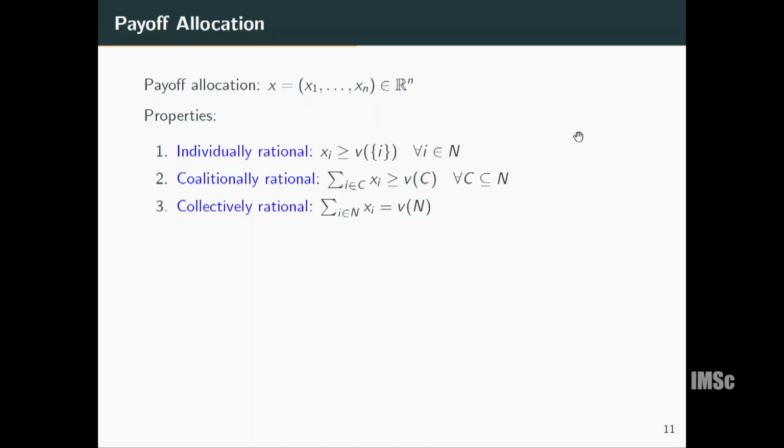Otherwise, I can give 0 even if the worth of the coalition is $300. If I give 0 to everybody, then it doesn't make much sense, right? So the individual payoff that they are getting should be better than whatever the worth is. It should be divided.